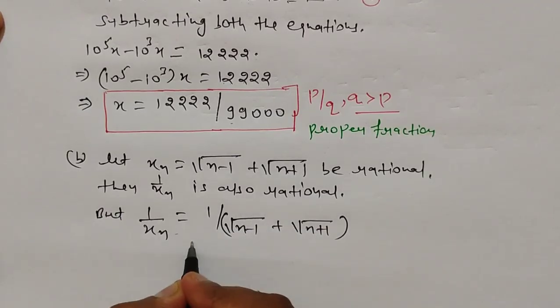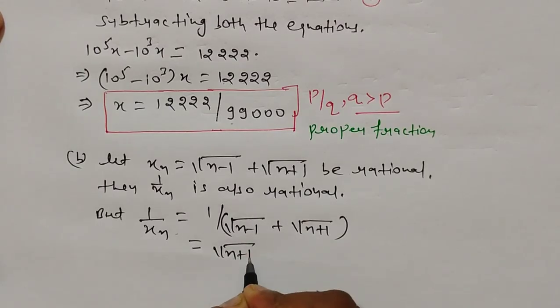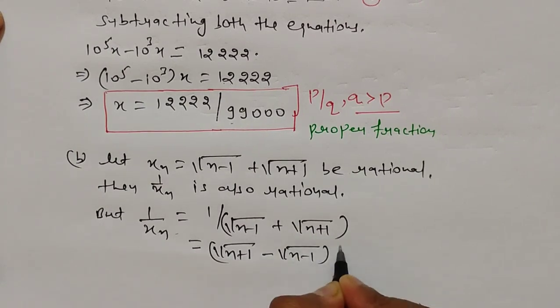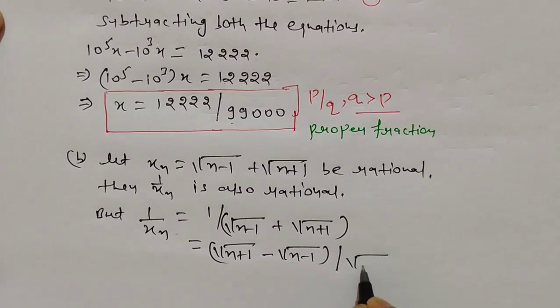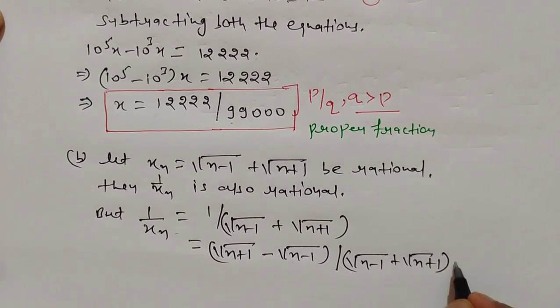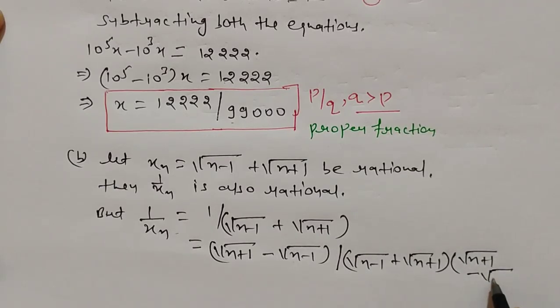and this is like, you can see, square root of n plus 1 minus square root of n minus 1 divided by square root of n minus 1 plus square root of n plus 1 into square root of n plus 1 minus square root of n minus 1.